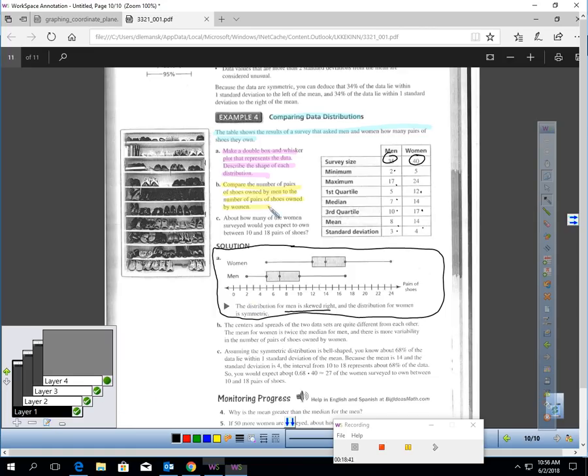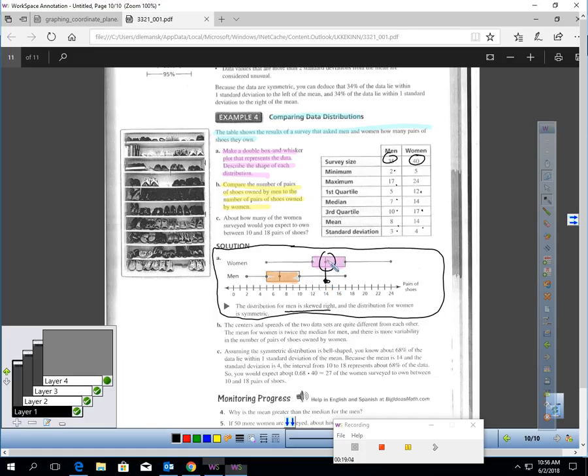For part B, compare the number of pairs of shoes owned by men to the number of pairs of shoes owned by women. Well, I hope it's obvious to see that as a whole, women are owning more shoes than men. In fact, the middle number of women owning shoes, they own 14 pairs.